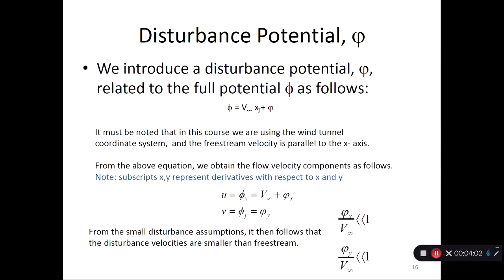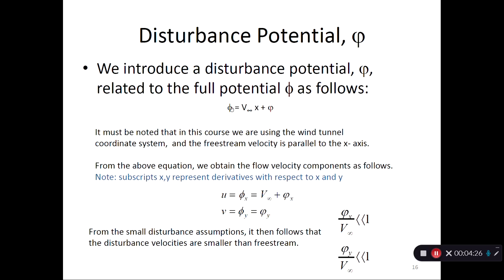The free stream is from left to right along the tunnel direction, so it's along the x-axis. We are going to replace this velocity potential by something called the disturbance potential. This becomes our new unknown because free stream velocity is known. This is just a variable x in the x direction.